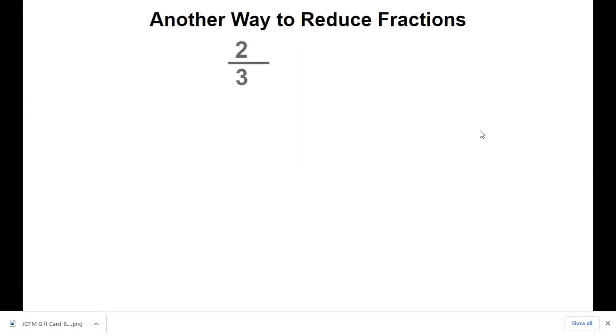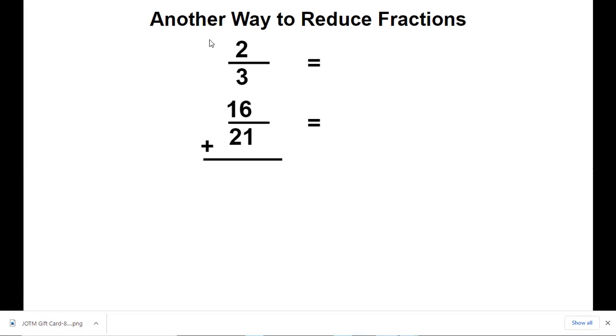So here we go. One more example to try. 2/3 plus 16 over 21. I have to find my least common multiple, so I'm going to count by 3s. 3, 6, 9, 12, 15, 18, 21.